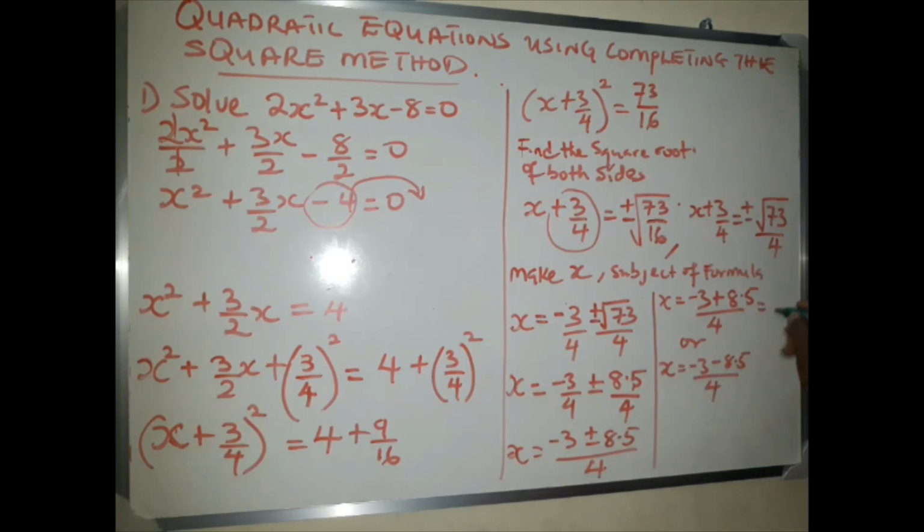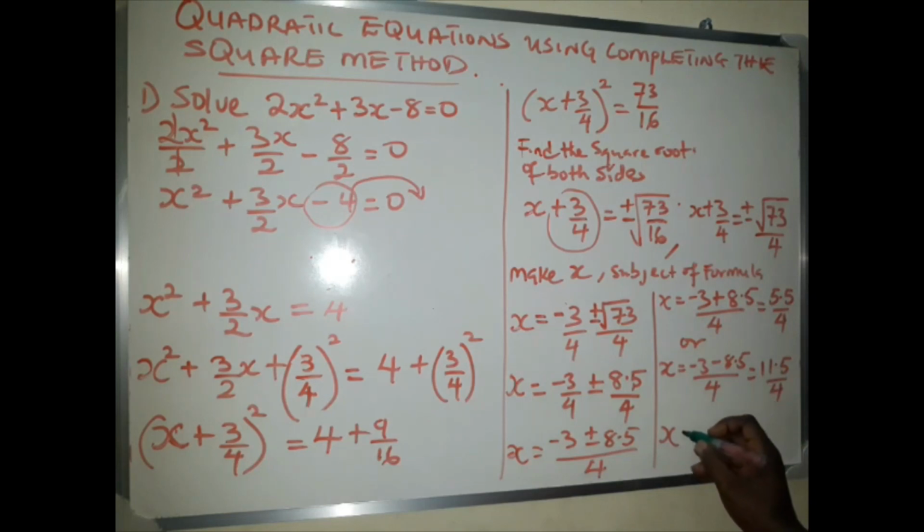So for here, what is minus 3 plus 8.5? It will give you 5.5 over 4. Then what is minus 3 minus 8.5 will give you what? 11.5 all over 4, with the minus. So based on what we have here, what is 5.5 divided by 4?